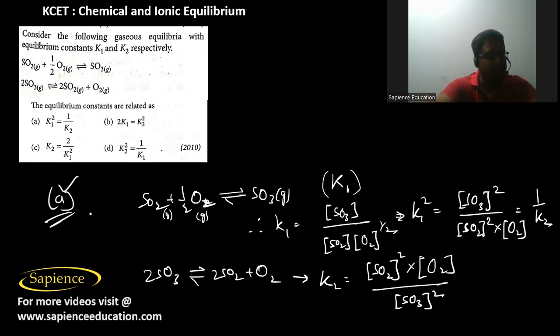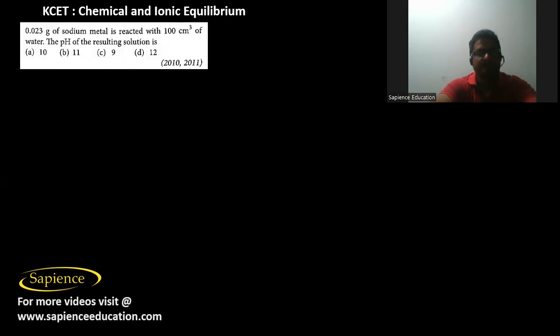Then it is told 0.023 gram of sodium metal is reacted with 100 centimeter cube of water. The pH of the resulting solution is.